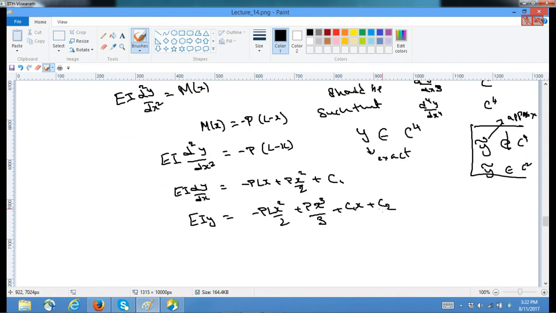So now how do you obtain this complete solution? To get the arbitrary coefficients c1 and c2, you need to use boundary conditions to determine c1 and c2. So let's try to do that.